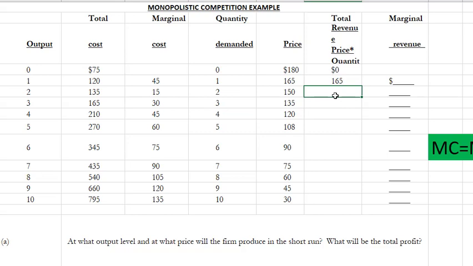So, what about when you sell 2 units of the good? That's a quantity demanded. What's your total revenue? Two of them, they cost 150 a pop. That's what people paid. You get it? Go ahead and calculate the rest of the total revenue. I'll wait.